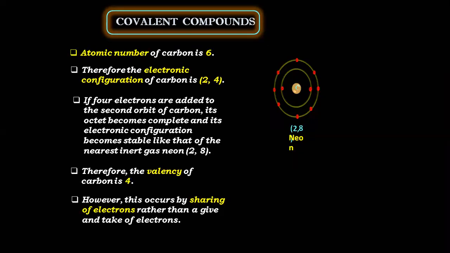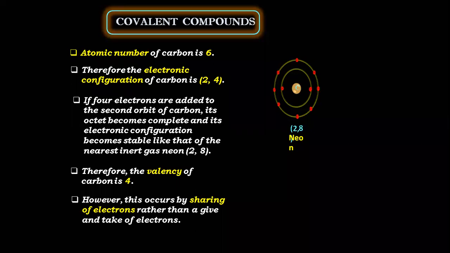Till here, is it clear? Did you all understand till this slide? Anybody has any doubts related to this slide? Okay. So we all have understood that carbon shares its 4 electrons to become stable. Understood till here? Okay. Now moving ahead.